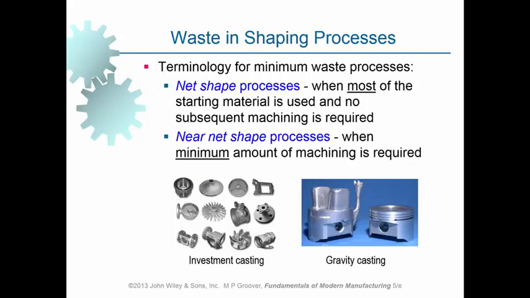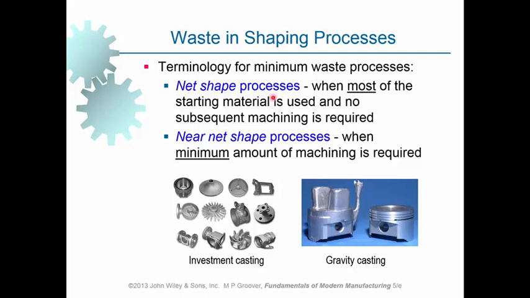Okay, let's move on. And here we can see actually 2 different possibilities when it comes to eliminating the waste of the material in the shaping process. There are 2 terms that are introduced in this slide.